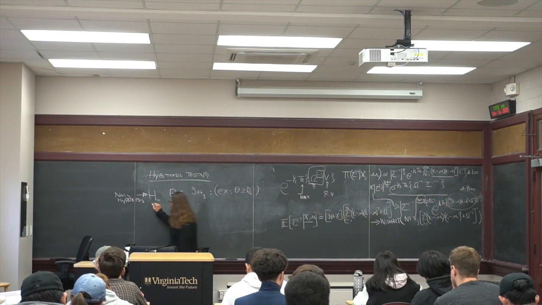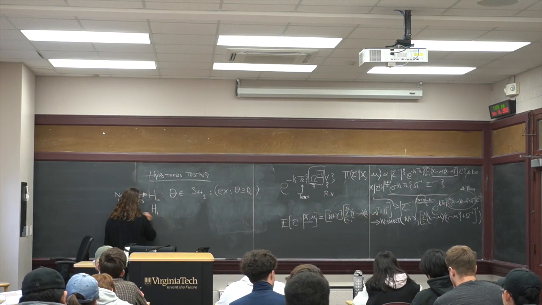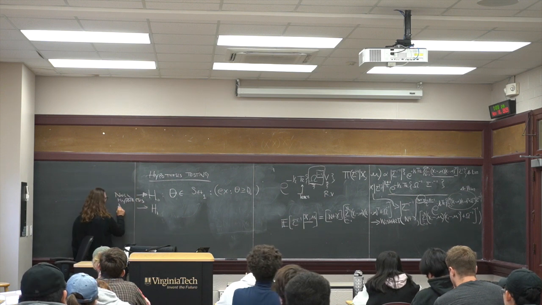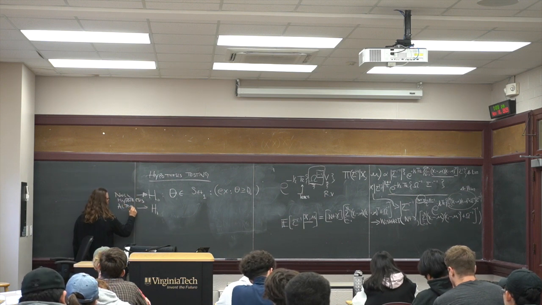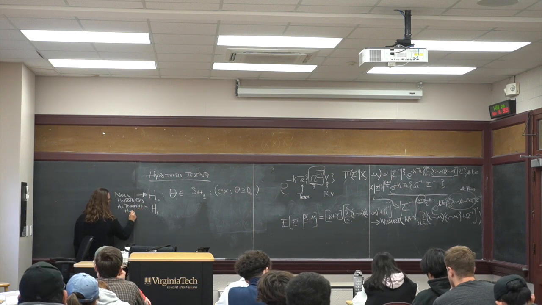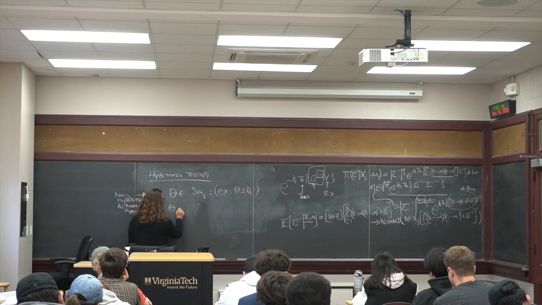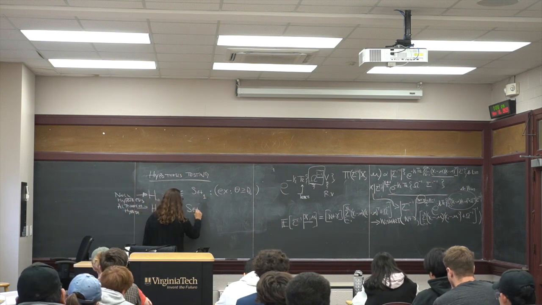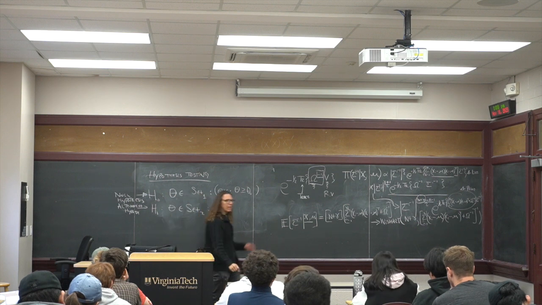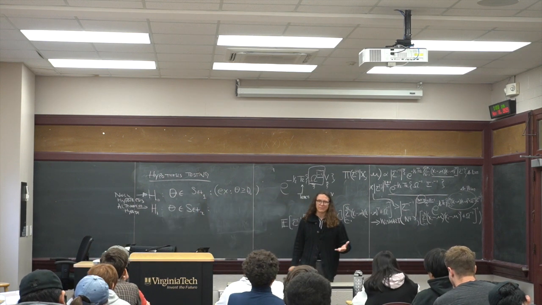So I might have a competing hypothesis. So this is usually called the alternative. And this might be that theta is an element of another set. And it might make sense to make this the complementary set.